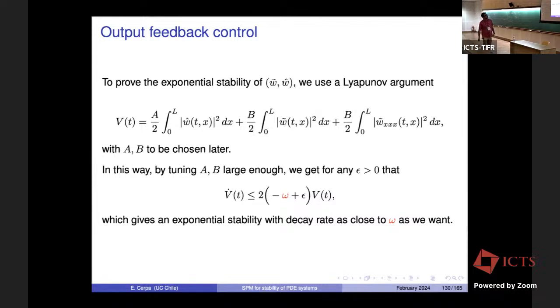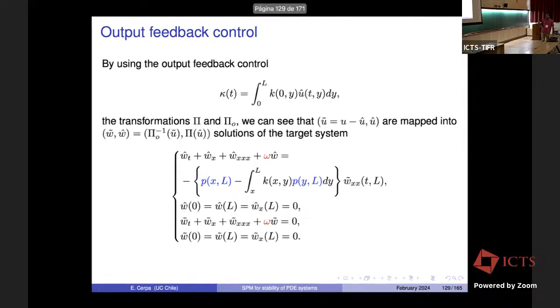Well, to prove the exponential stability, here we need a Lyapunov function, which is not that nice because it imposes all this regularity framework in order to do the computations. We have here W tilde XXX. We need it because in the computation we have this kind of trace, the second derivative of one of the solutions on the boundary.